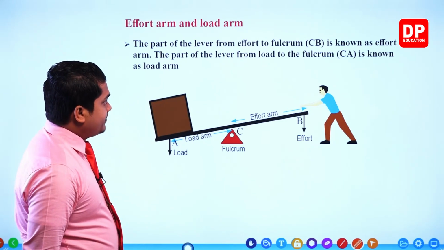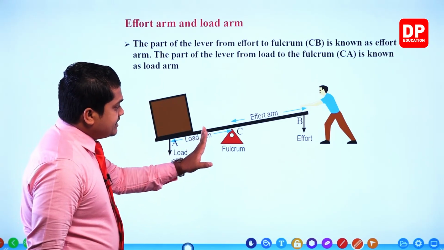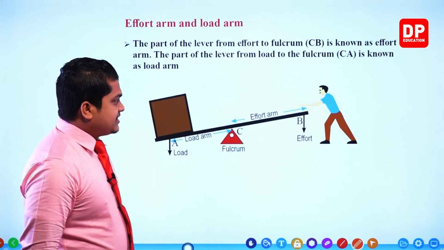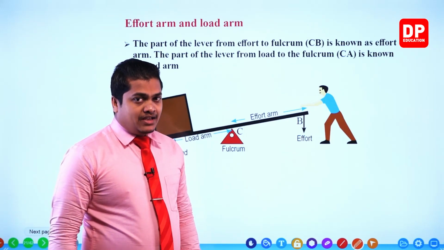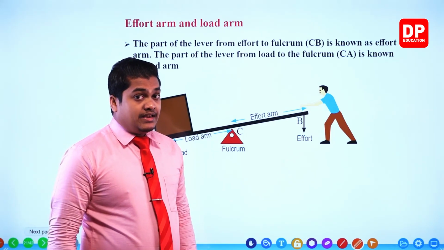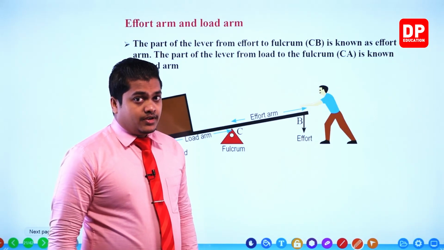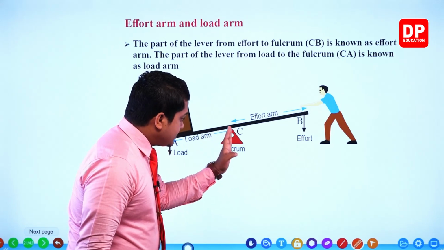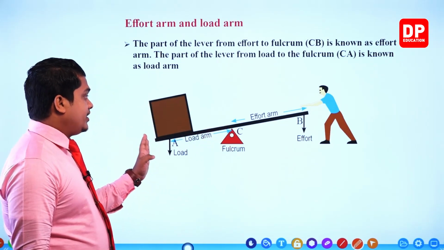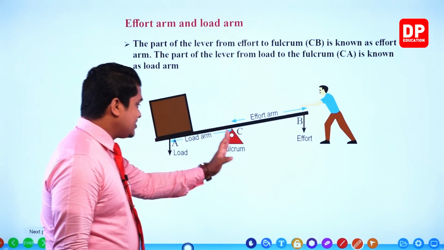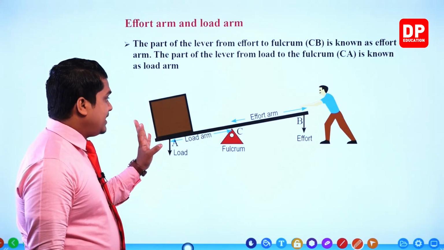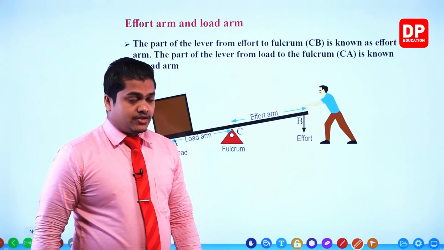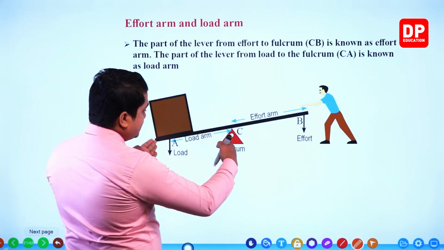Then the next one: the distance between the fulcrum, that means the point where the lever is getting balanced or rotated, and the load, the place where the weight has been placed. This is referred to as the load arm.